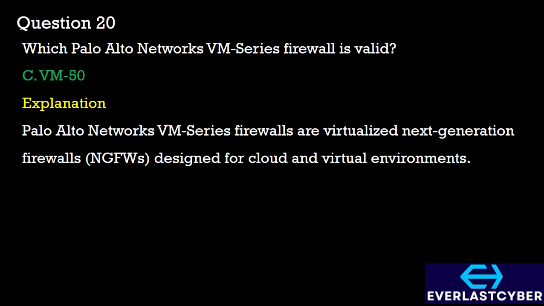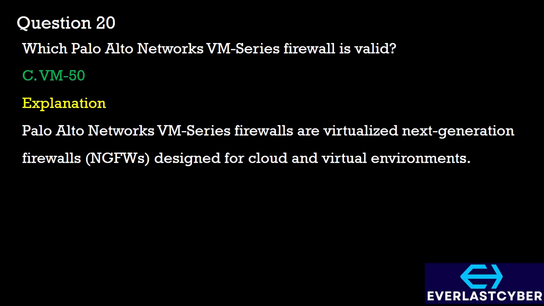The valid VM-Series models include VM50, VM100, VM300, VM500, and VM700. Each of these models offers different levels of performance, capacity, and security features depending on the workload and the deployment requirements.